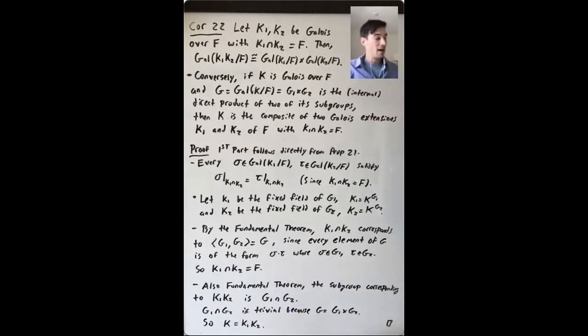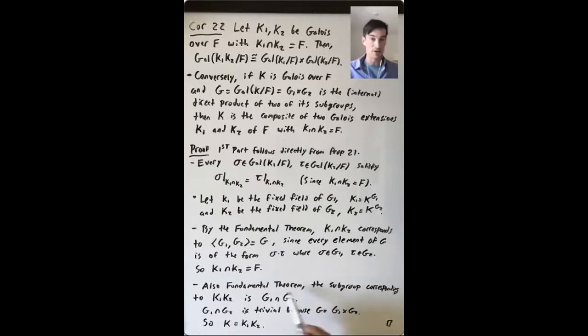Okay, let's apply the fundamental theorem again, but this time to determine the subgroup corresponding to the composite K1 K2. Okay, so what is that? We know that the subgroup corresponding to a composite of two of these intermediate fields is the intersection of the corresponding subgroups. So we see that the subgroup corresponding to this composite is G1 intersect G2.